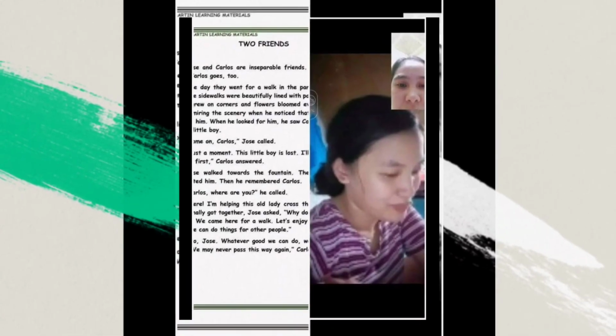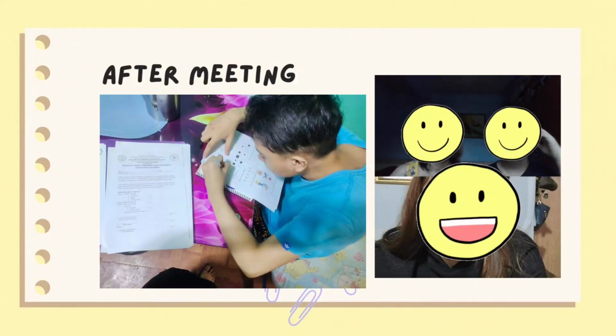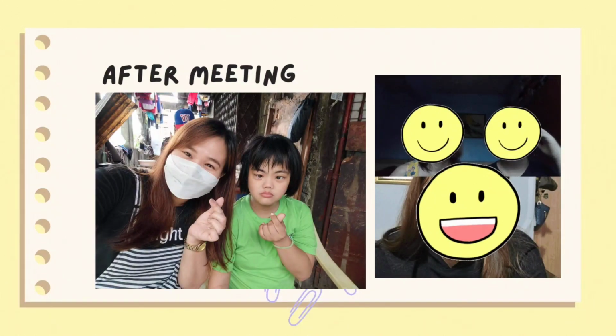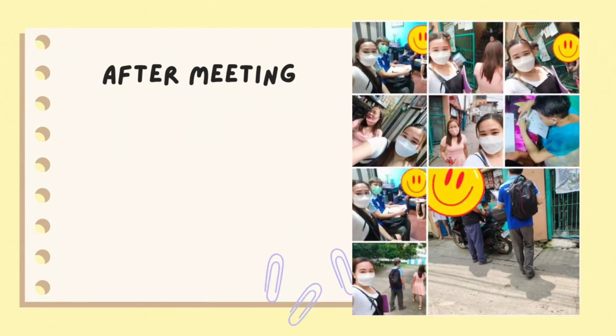In the event that the student doesn't have any access to online platform, we are using text messages and call them through their cellular phones. In the event that the student doesn't have any access to any gadget, home visitation is a must.